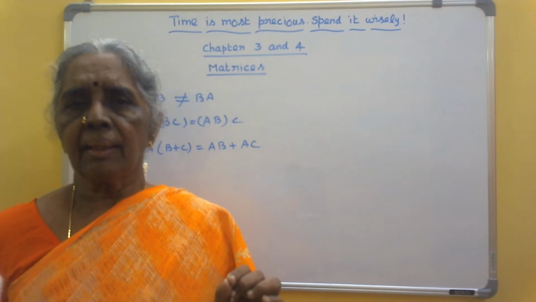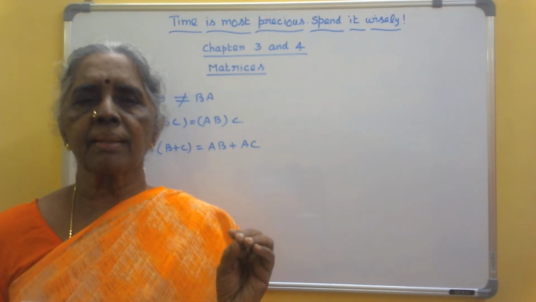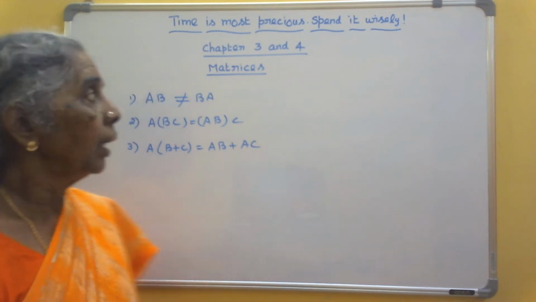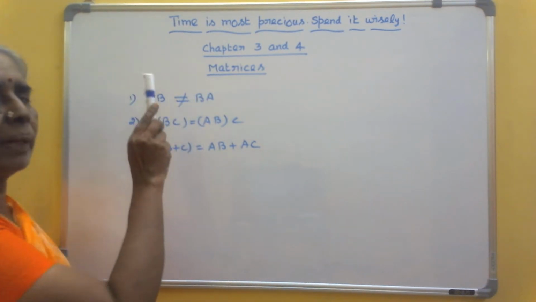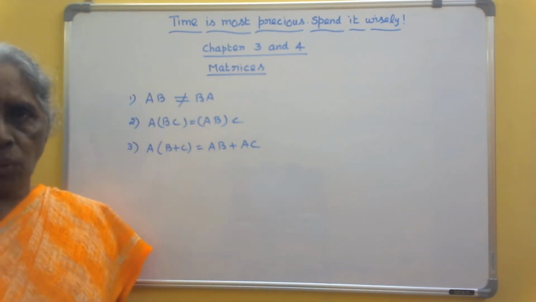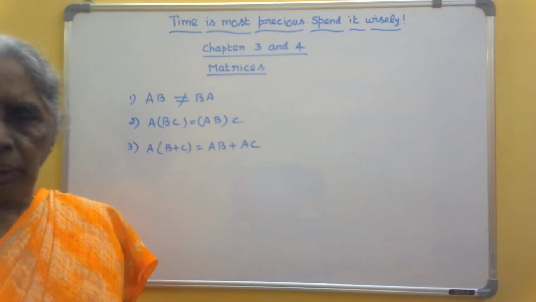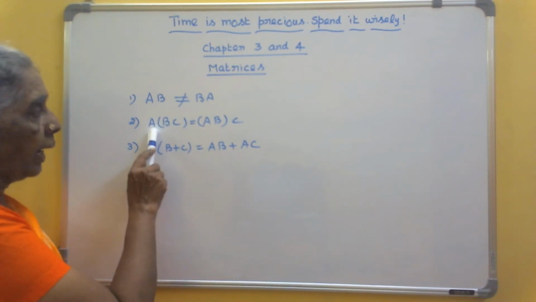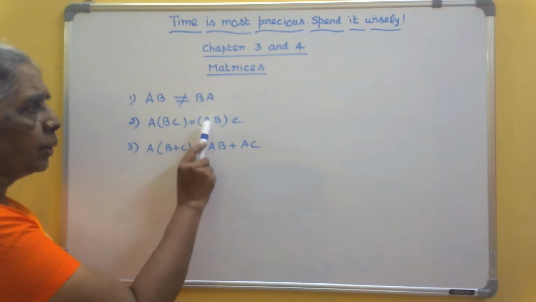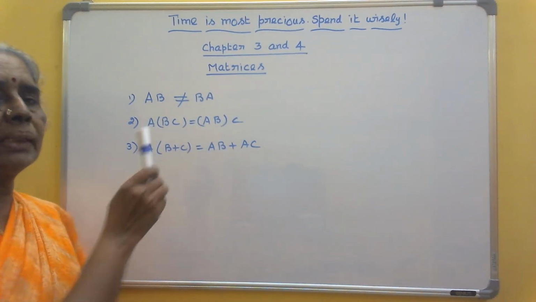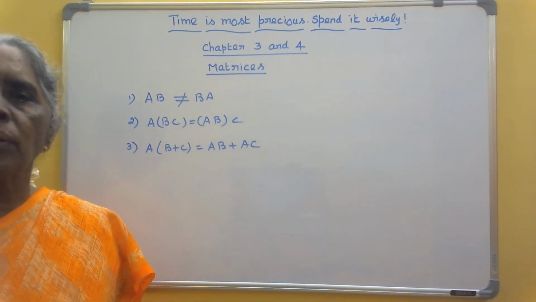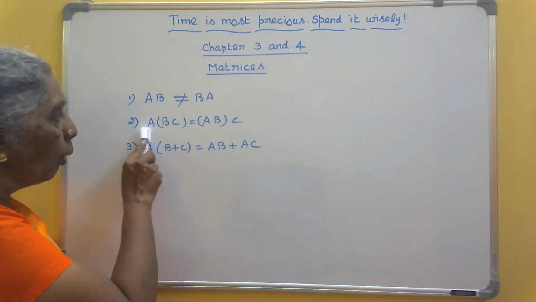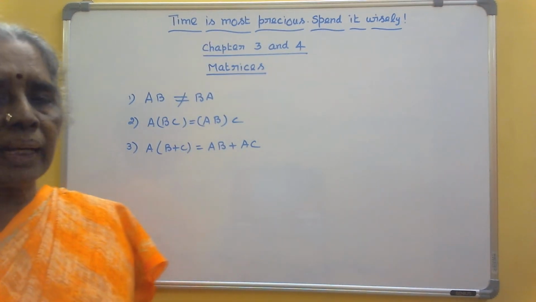Let us see the three properties of multiplication. AB is not equal to BA, that is, multiplication is not commutative. Then A(BC) is equal to (AB)C. Multiplication is associative, that is the grouping, but the order should be the same. You cannot change the order.